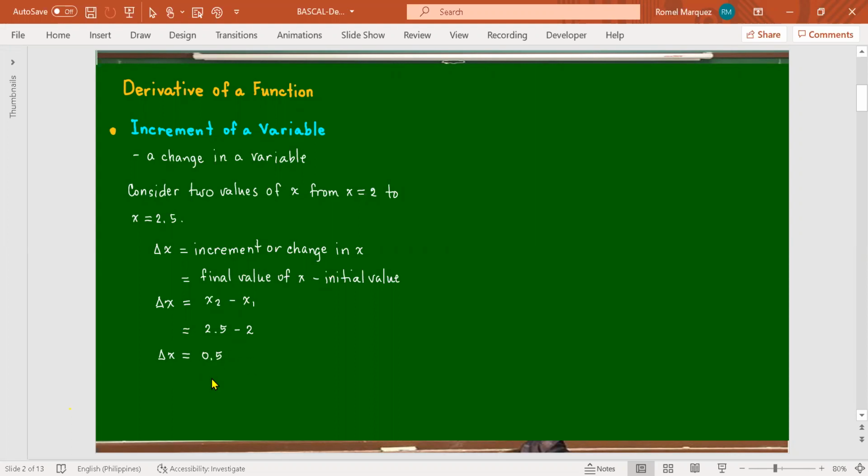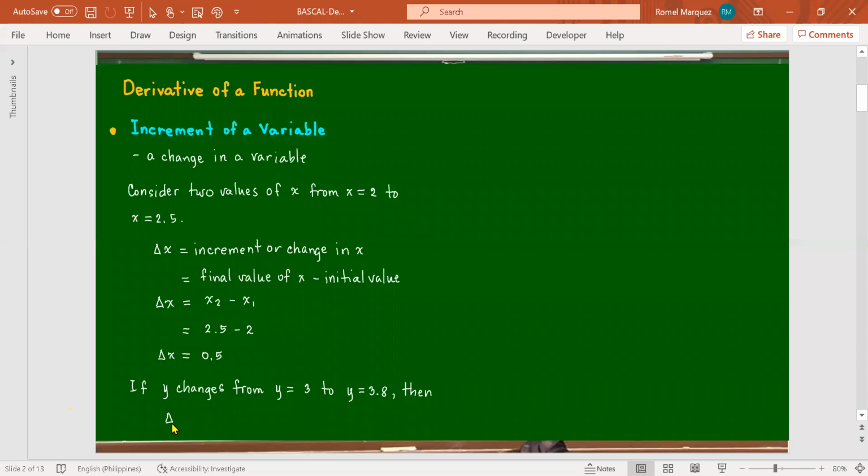Yes po. Now, what if y changes from y equals 3 to 3.8? What can we say about delta y?